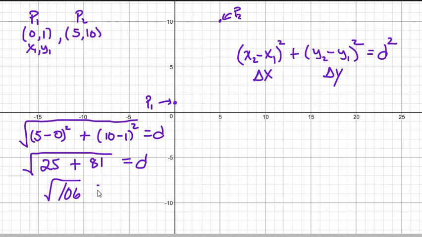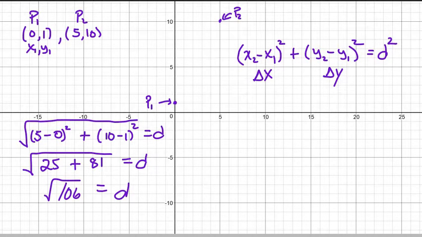The square root of 106 would be our distance. And you might be able to break that down. I don't know, there might be a square in there hiding out. I'll let you figure that out. If I had to approximate this, it was like 10.2956 or something like that.